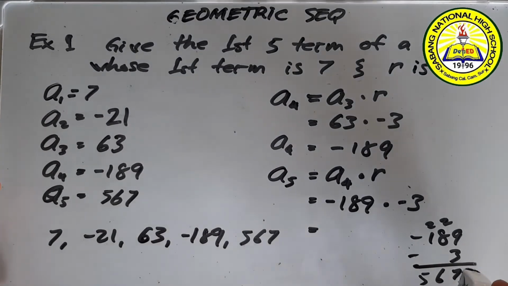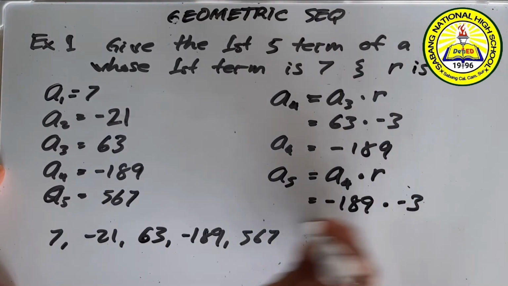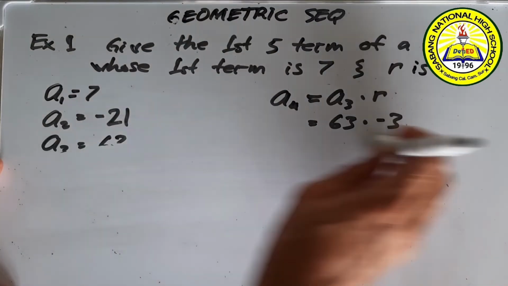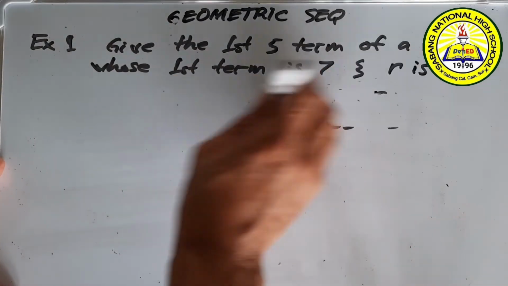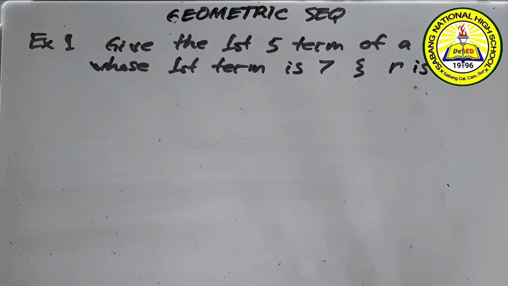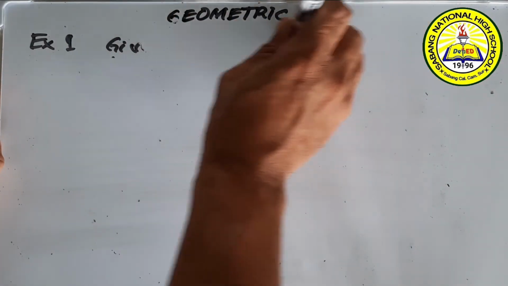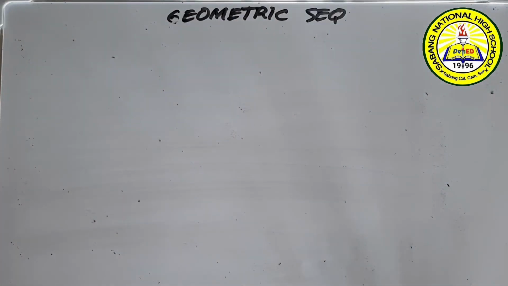Okay, so a while ago I said that based on the definition of a geometric sequence, 0 cannot be a common ratio of a geometric sequence. 1 can still be a common ratio.